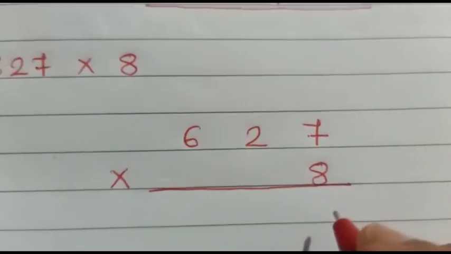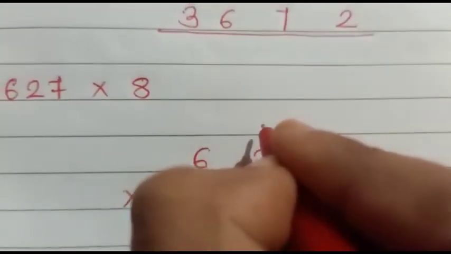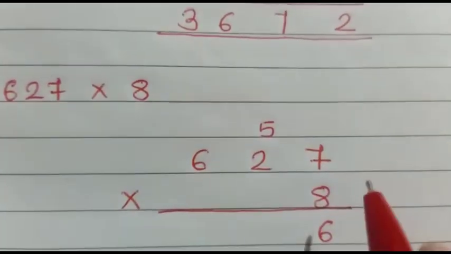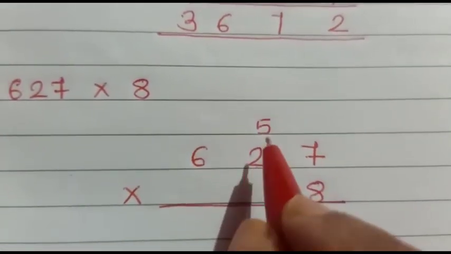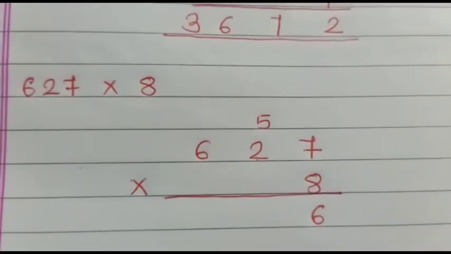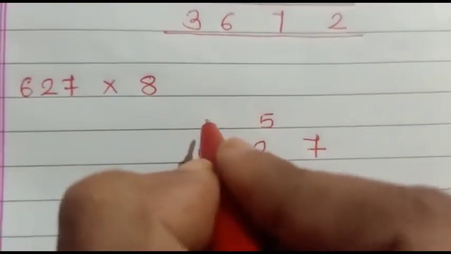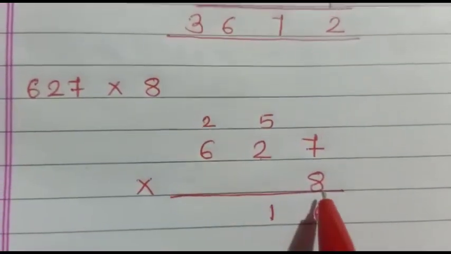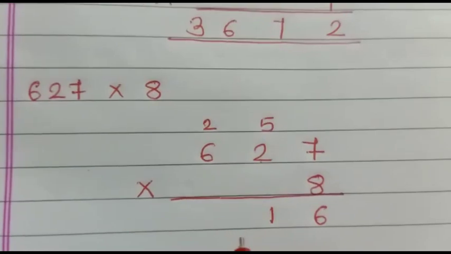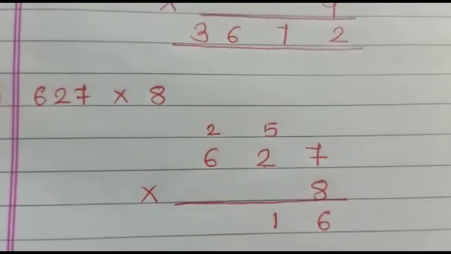8 sevens are 56. So 6 you will write, 5 you will carry. Okay, 8 twos are 16. 16 plus 5, it's 21. So 1 you will write and 2 you will carry. Okay, 8 6s are 48 plus 2, 50.